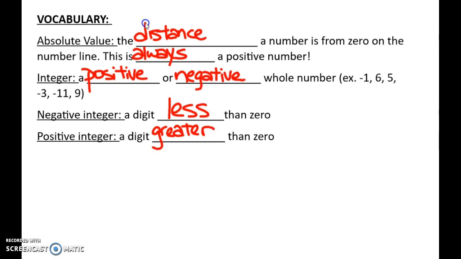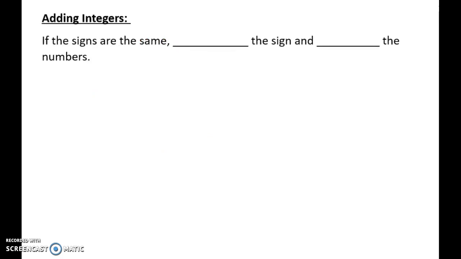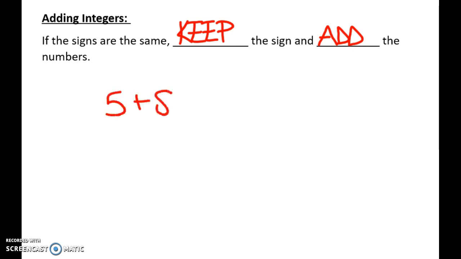All right, so what does all this mean, and how are we going to add them? So when we add integers, if the signs are the same, we will keep the sign and add the numbers. For example, if we had 5 plus 8, we've been doing positive integers since we were in kindergarten. 5 plus 8, we can see the signs positive 5, positive 8.